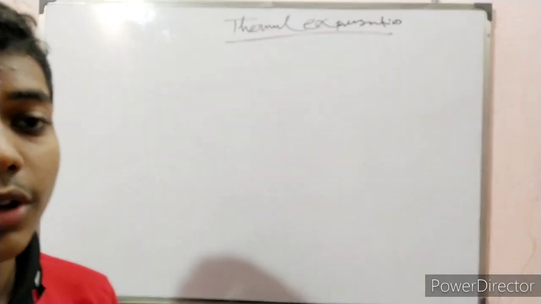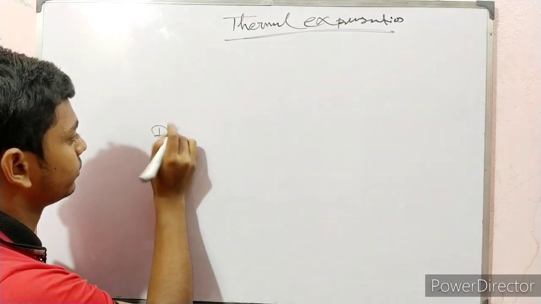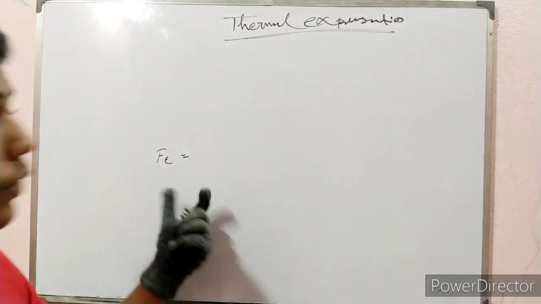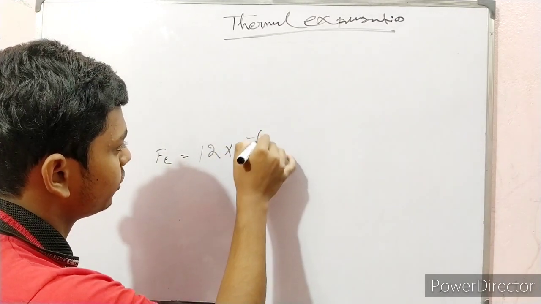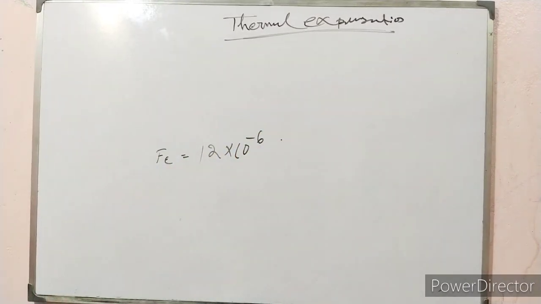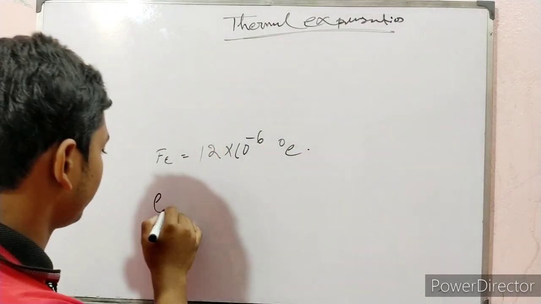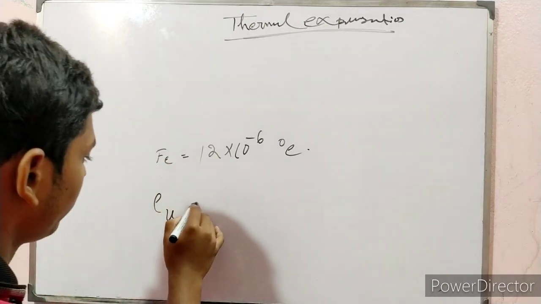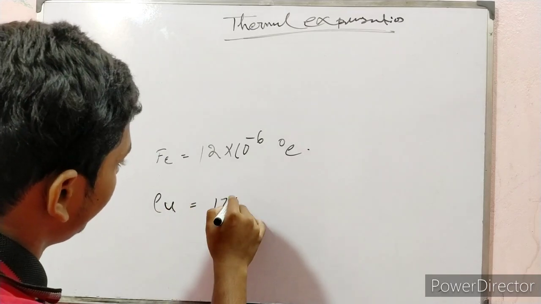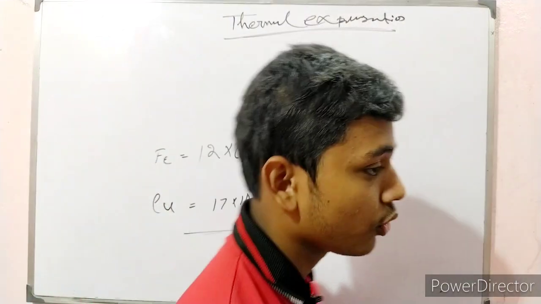We can know the coefficient of linear expansion of some metals. For iron, the coefficient of linear expansion is 12 into 10 to the power minus 6 per degree Celsius. For copper, it is 17 into 10 to the power minus 6 per degree Celsius. So these are the important things.